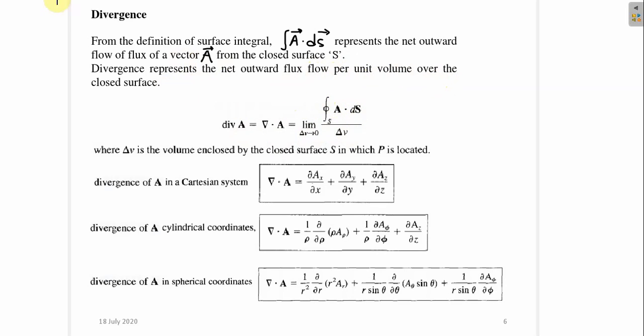We can represent this divergence by div A, so div A is equal to del dot A.